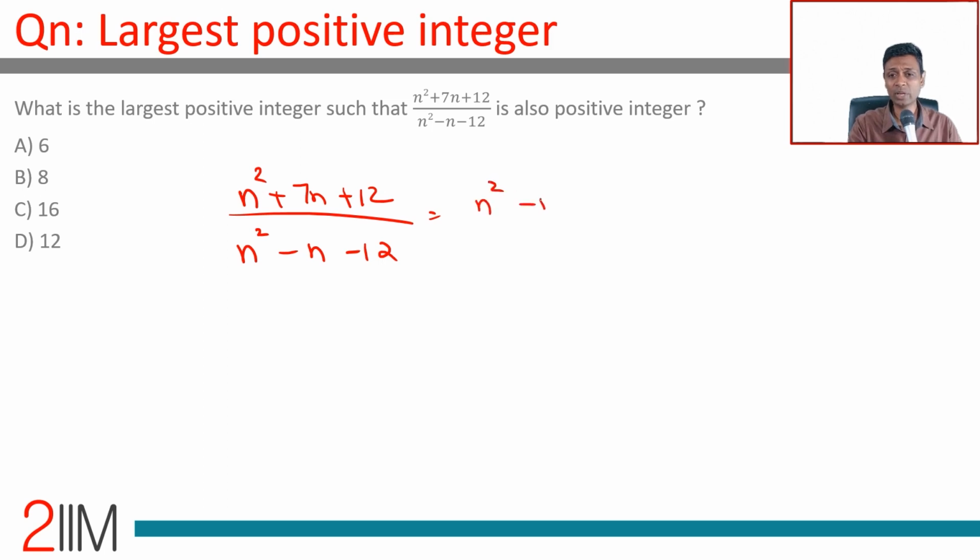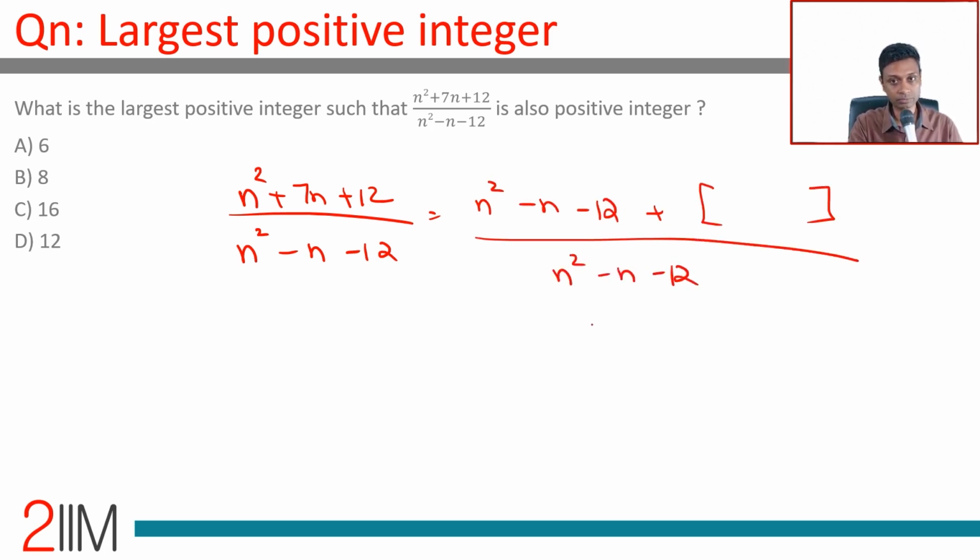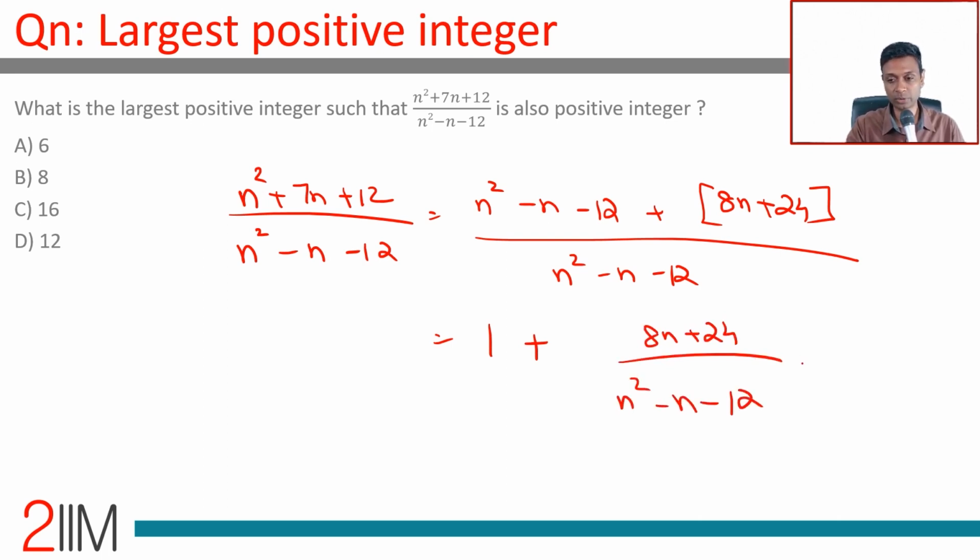Call this as n square minus n minus 12 plus some adjustment term divided by n square minus n minus 12. Brilliant. Now this works. What is the adjustment term? 8n, because minus n plus 8n is 7n plus 24. So this becomes 1 plus 8n plus 24 by n square minus n minus 12.